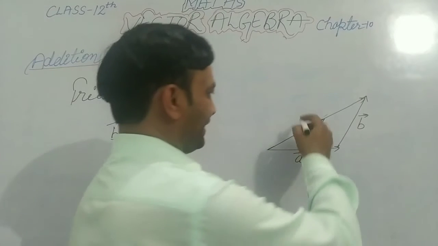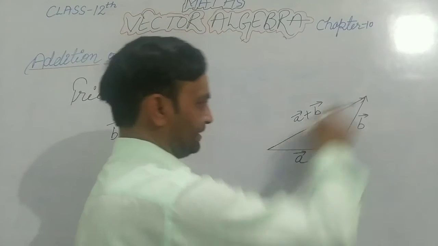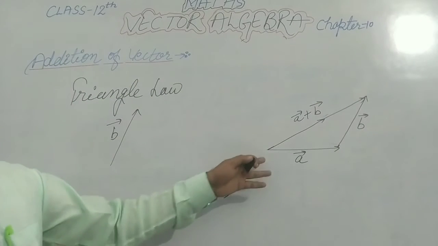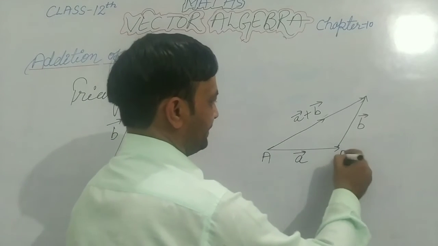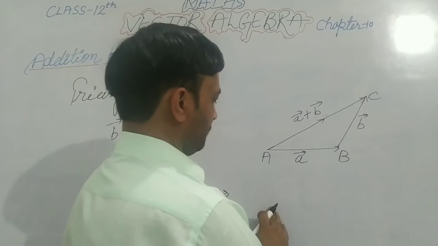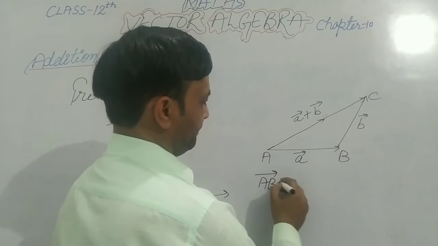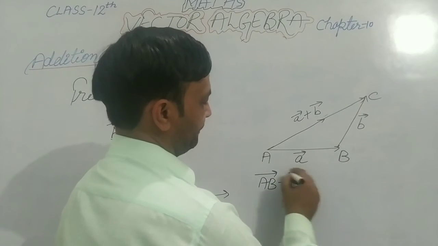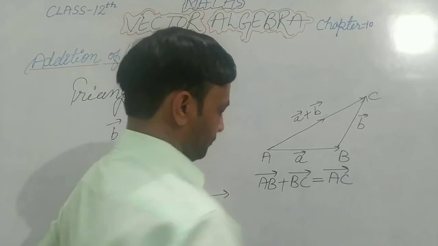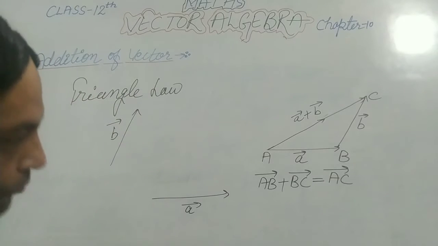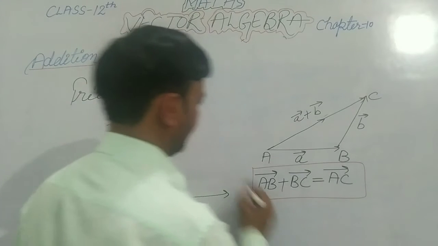So the resultant we can denote as vector A plus vector B. It is the resultant of these two vectors. So if we mention the triangle as A, B, C, we can write vector AB plus vector BC equals vector AC. So it is the triangular law of addition of vectors.